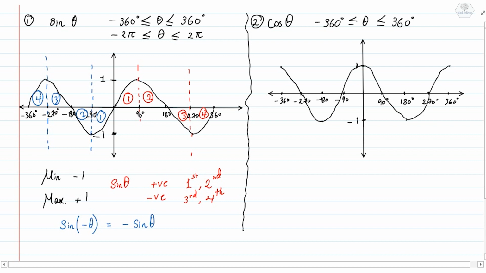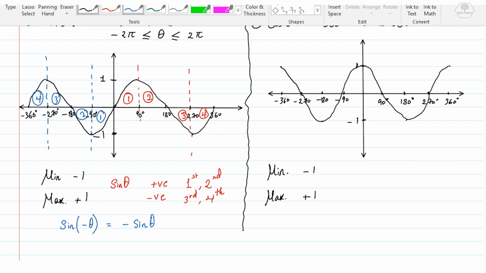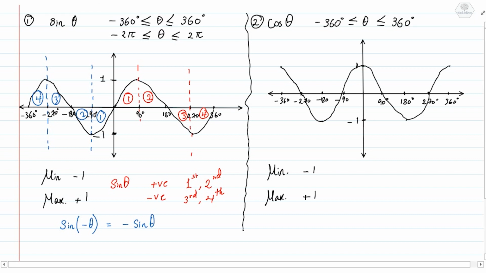The first thing that is important to know is that the minimum value for cosine theta is -1, and the maximum value is +1. Let's check in which quadrants the cosine is positive and in which it is negative. This is my first quadrant. As you can see here, it is positive because it's above the x-axis.